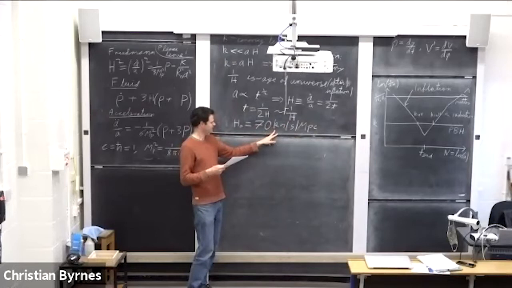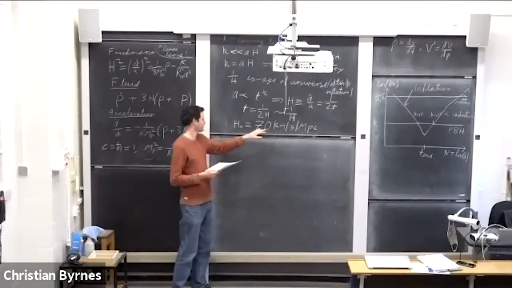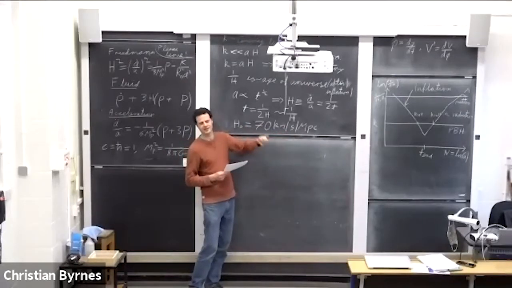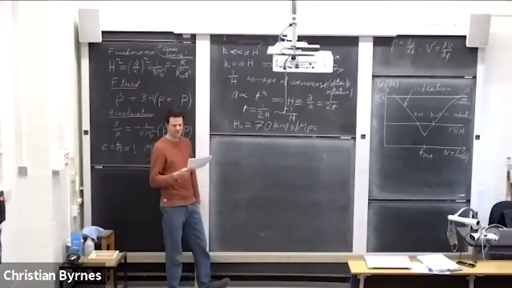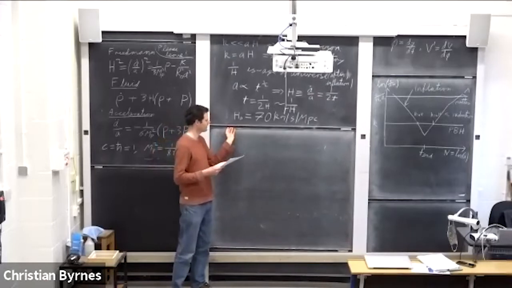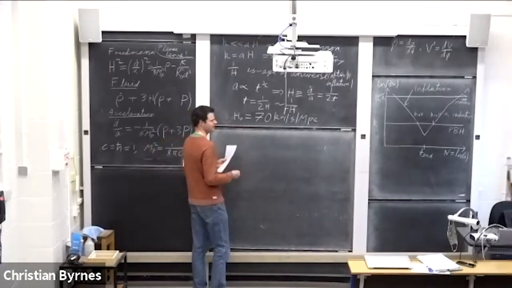Then you can estimate what this is in terms of seconds. It's something like 10 to the minus 18 seconds, and notice the units really are time. Then you take the inverse of that and you get an age of about 10 to the 18 seconds, which is about 10 billion years. And that's in units we understand. So 1 over H naught really is the age of the universe.